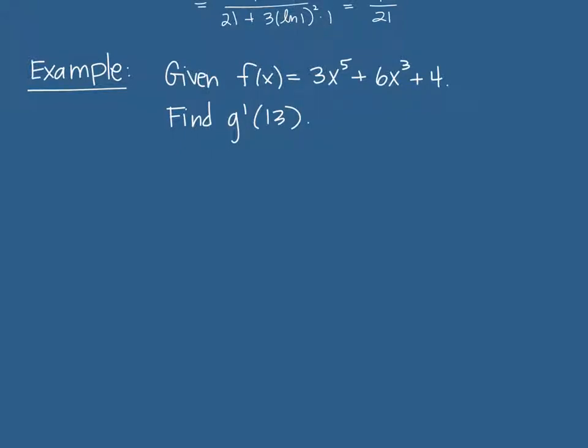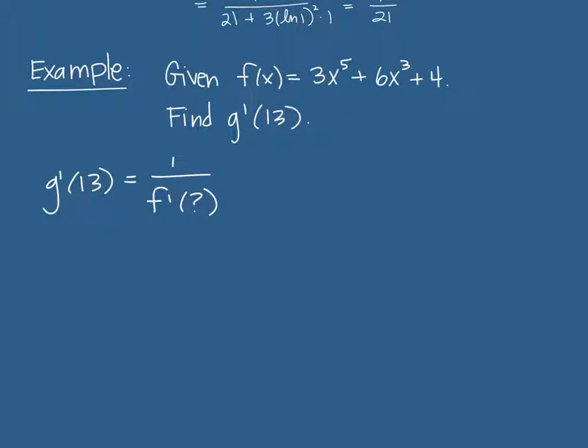Okay, so by definition, g prime of 13 is 1 over f prime of something else. I have to work a little bit backwards. How do I find that number?